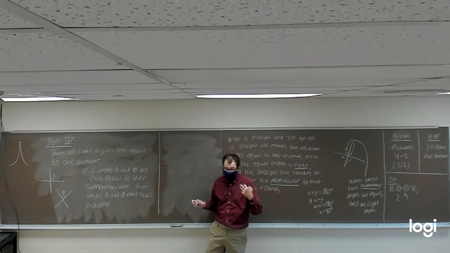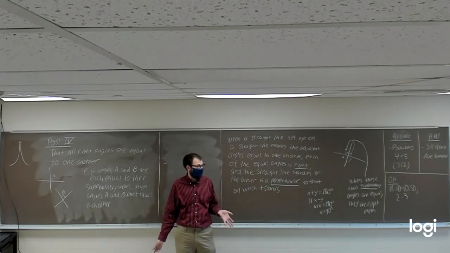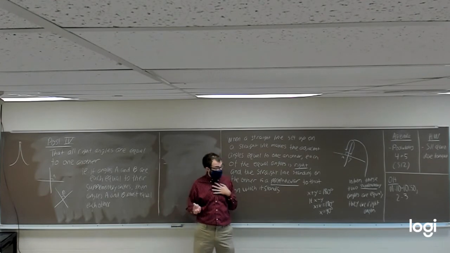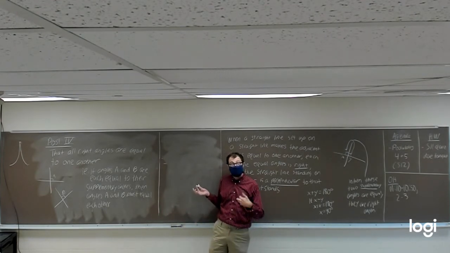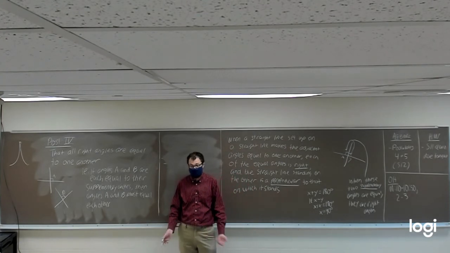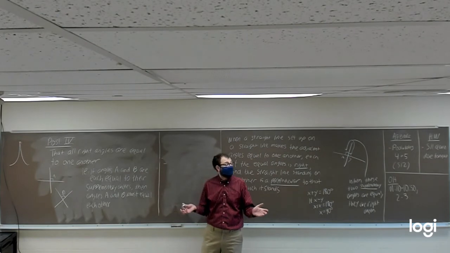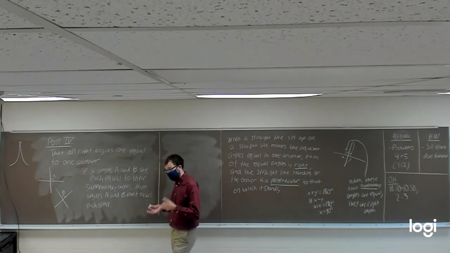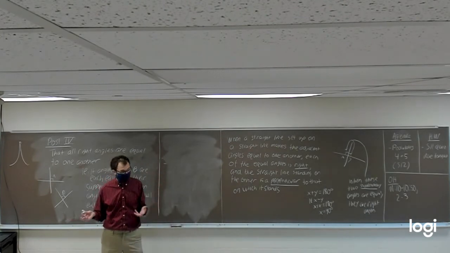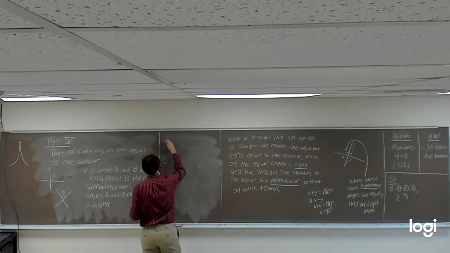This is saying, suppose you already have two right angles. This postulate's not saying anything about how to construct them. It's saying, suppose you happen to come across two right angles out in the wild somewhere. Then they have to be equal. But it's not specifically saying, here is how you construct a right angle. Oh, and by the way, if you draw any two of these, they are equal.